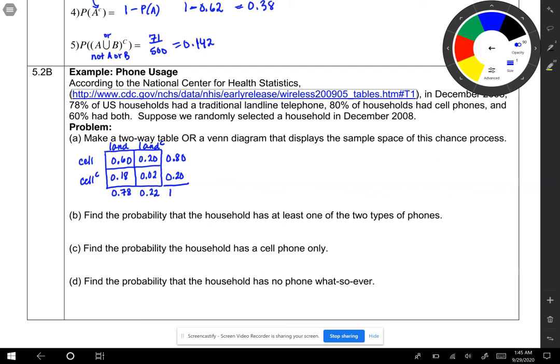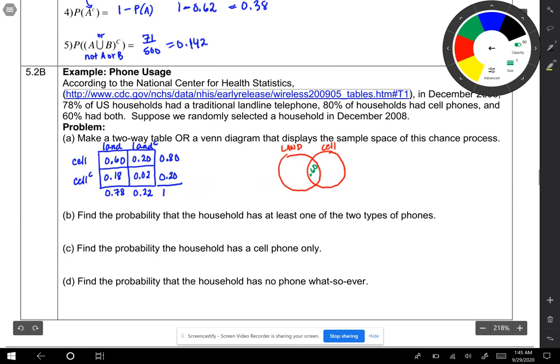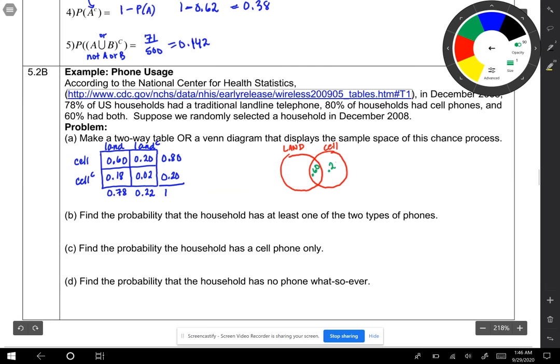Now we can do a Venn diagram, same information, with really lousy circles. It's okay. So land, cell. Okay, so both would be right here, 0.60. Cell phone is 0.80, so this would be 0.20.